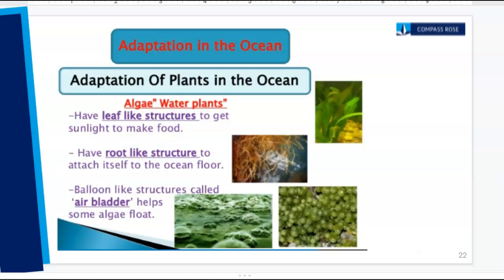This is called an air bladder, and this is usually found in our algae plants, the ones that are located here and float at the top of the ocean. So whenever you go to the beach, you will see algae, and this is a way that they are able to adapt to their environment so they are able to survive.